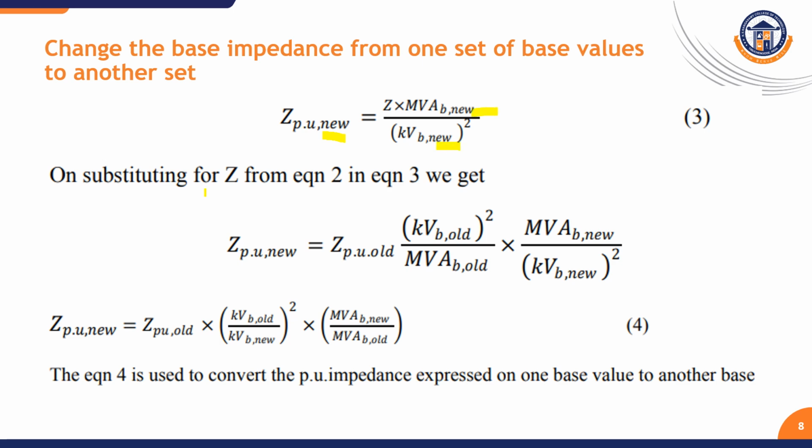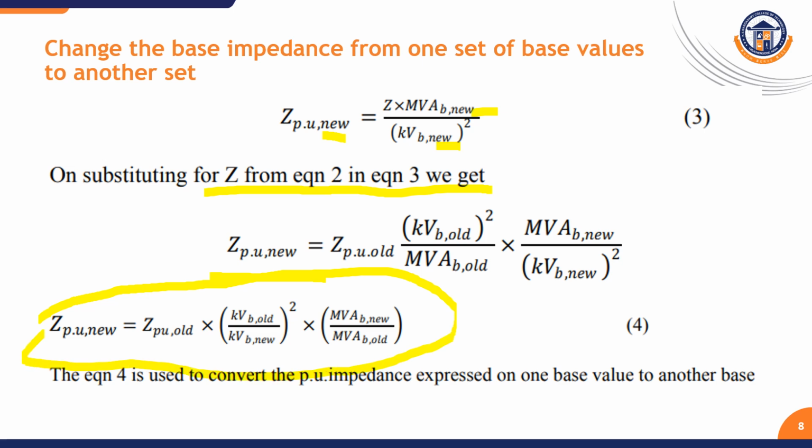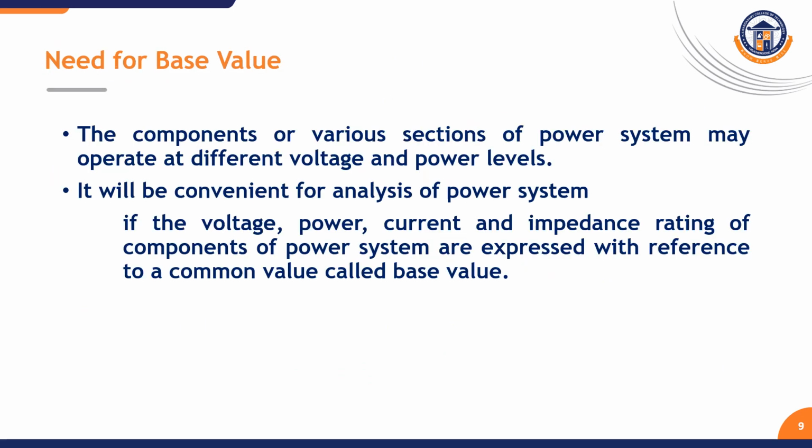On substituting Z from equation 2 in equation 3, we obtain Z per unit new equal to Z per unit old into KVB old squared by MVAB old and MVAB new by KVB new squared. That is, Z per unit new is equal to Z per unit old into (KVB old by KVB new) whole squared into MVAB new by MVAB old. Equation 4 is used to convert the per unit impedance expressed on one base value to another base value.